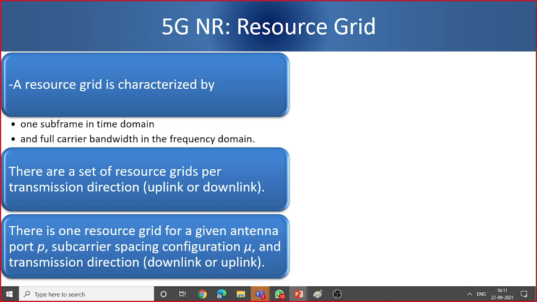That value is created for the entire incoming data and put into the DSP, digital signal processing, using the inverse fast Fourier transform algorithm. It adds all the subcarriers and creates a single wave which can be transmitted onto the air. I have given a link, a very good article in my slide. If you click that link, you will be able to read about it. That's why I had given it.